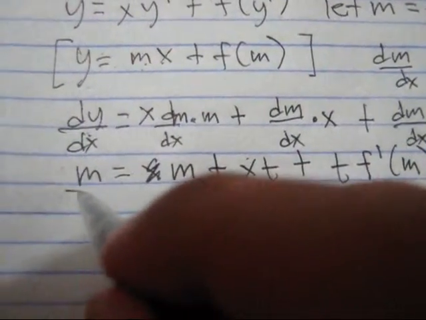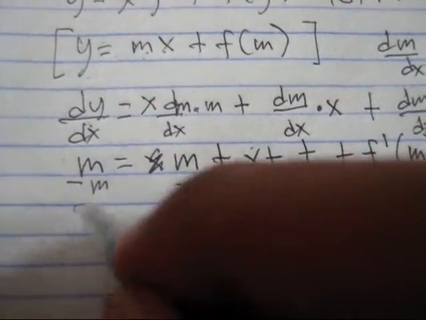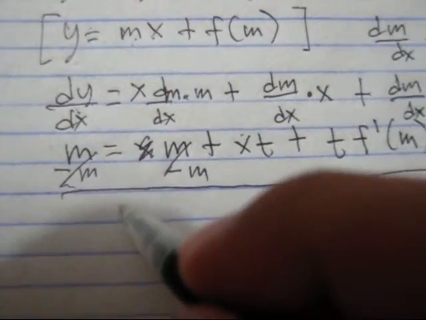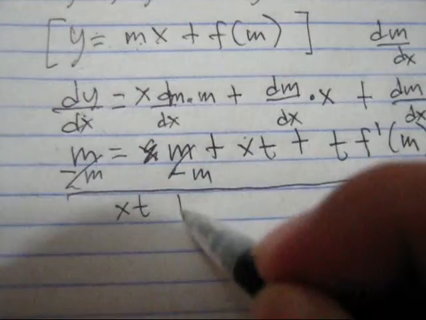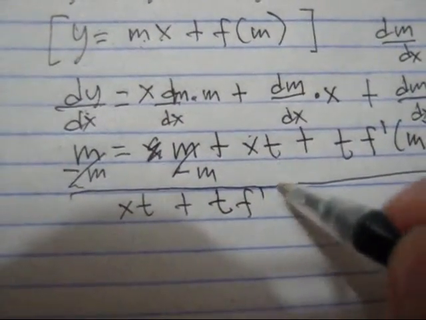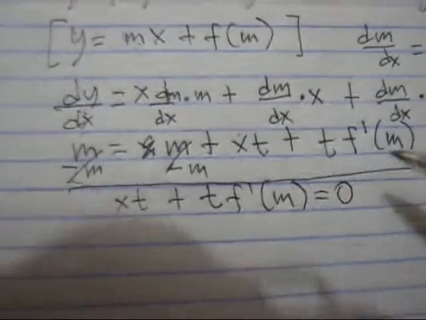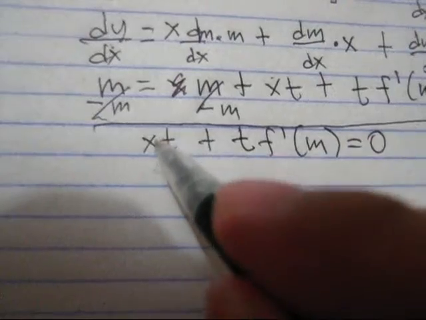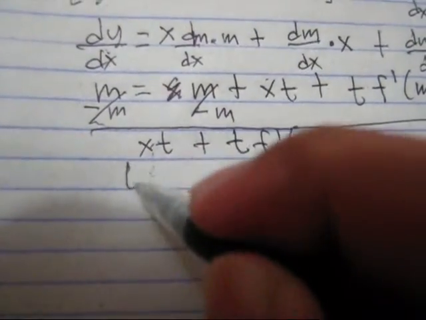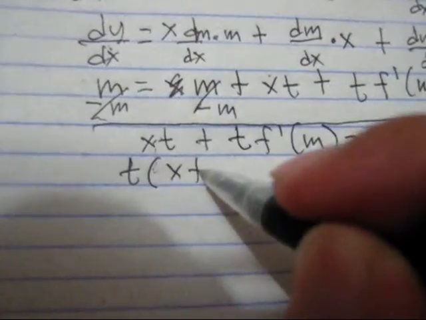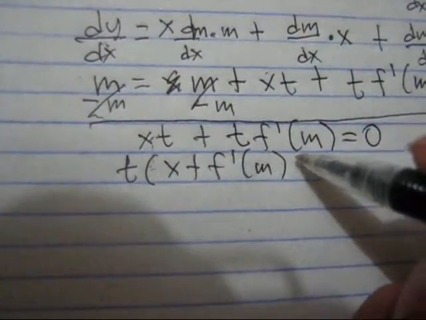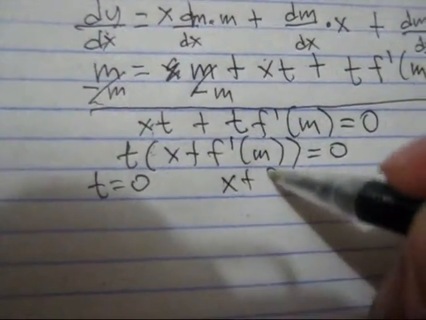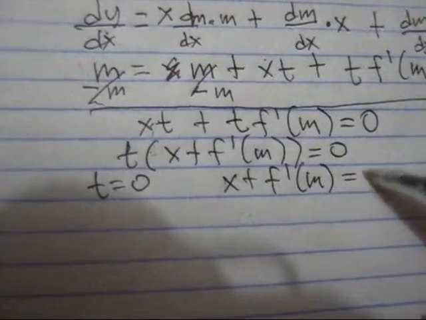Since we will subtract m from the whole equation, this is cancelled, so it will be xt + tf'(m) = 0. In order for you to get the parametric equations, we will extract the t. So t(x + f'(m)) = 0, so t = 0 and x + f'(m) = 0.